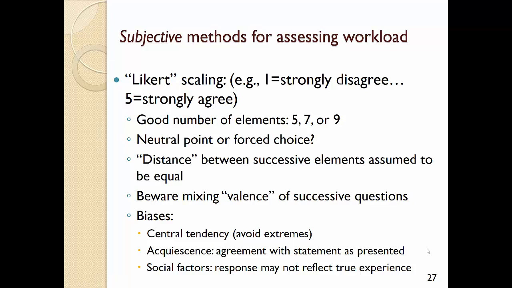Let me show you that example on the next slide. A couple of biases in human responses to be aware of. People tend to stay away from the extreme values. I've got to save something from answering a 1 or a 5 or a 9. The most extreme values are like, that's as much as I can imagine. So they tend to go towards the center.